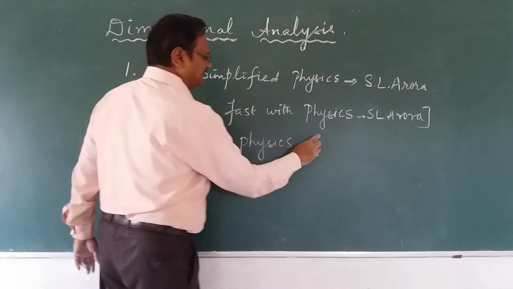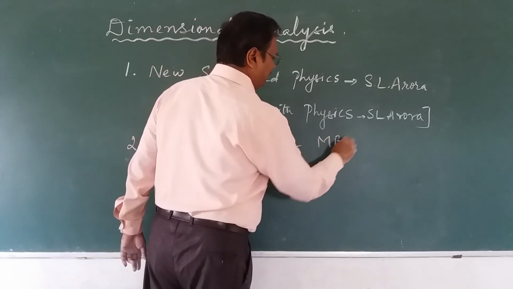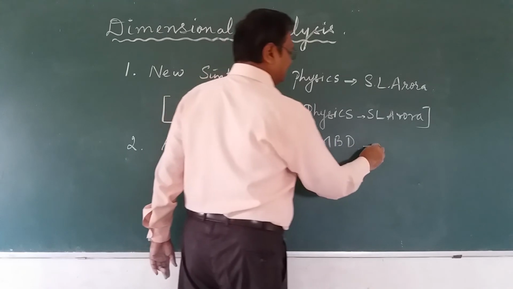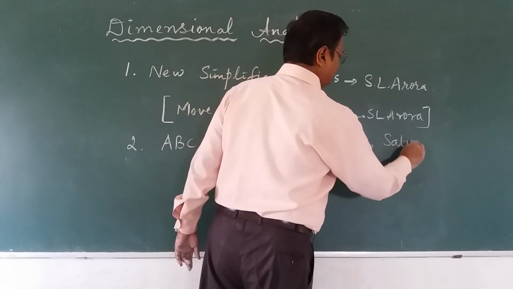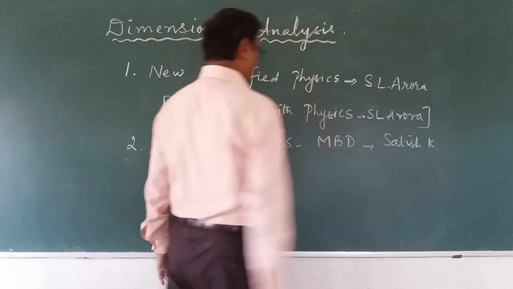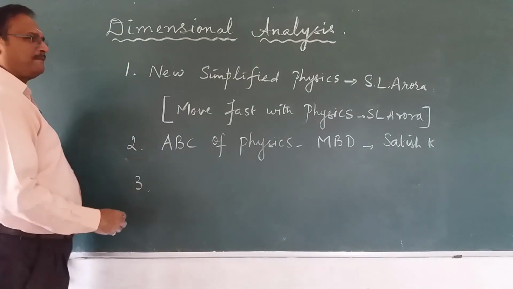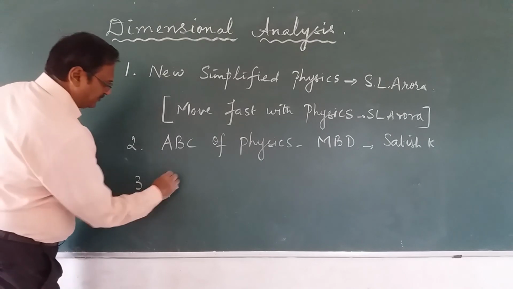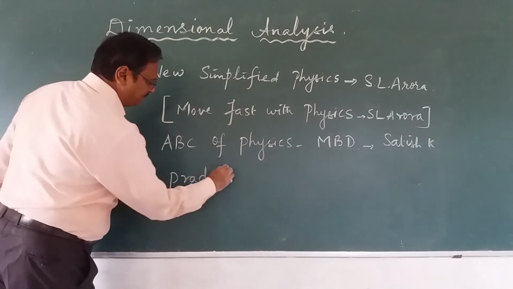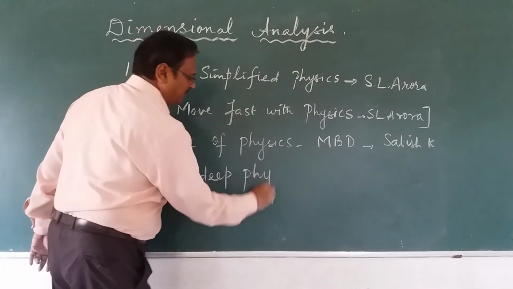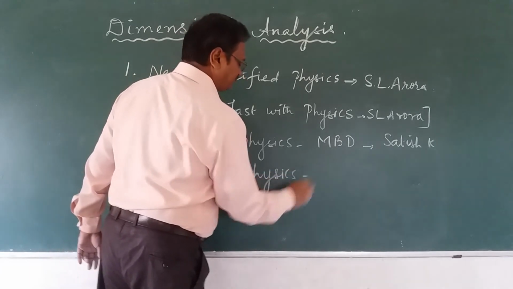This is an MBD publication and the author is, I think, Satish Kumar. And the third book which I will suggest is Pradeep Physics. This is also a good book.